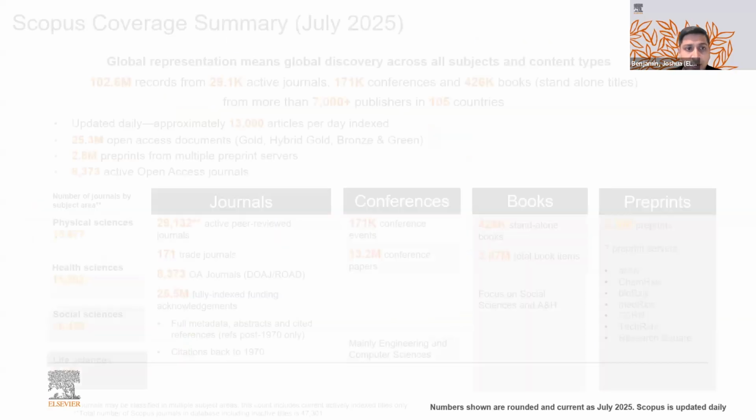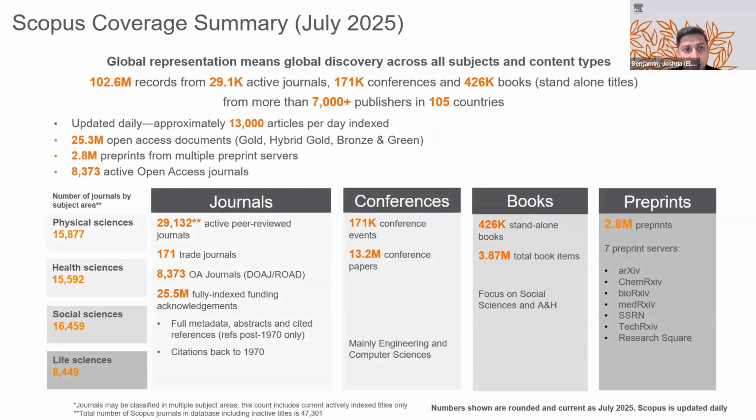If we break this down even further, Scopus is updated daily, and approximately 13,000 articles are actively indexed on a daily basis.